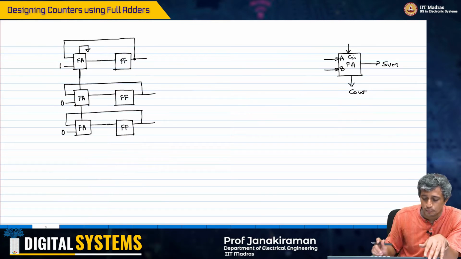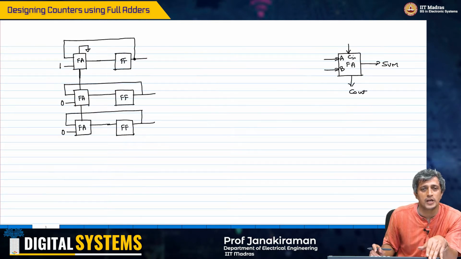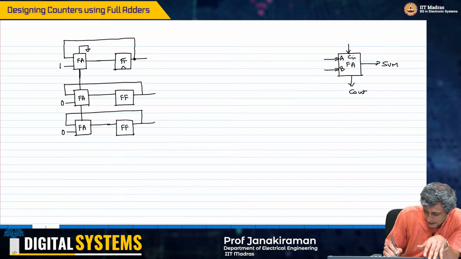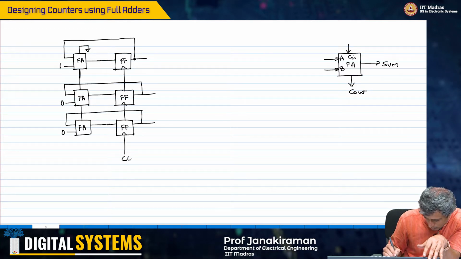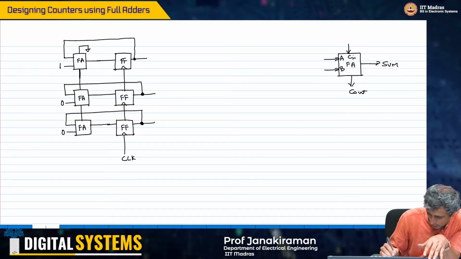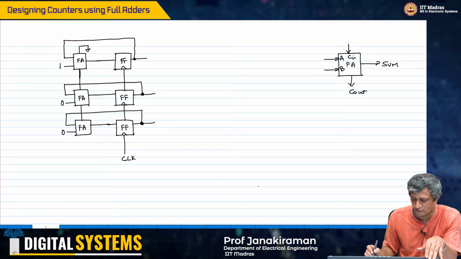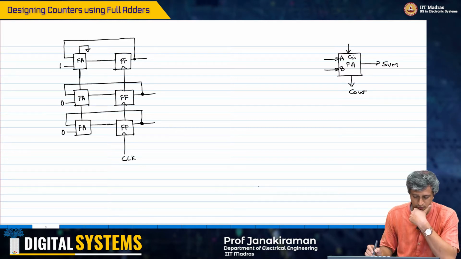So this is the implementation that we had of the full adder based circuit. Again this is the clock, let's not forget that. And remember, only when there is a dot there is a connection, otherwise there is no connection, right?